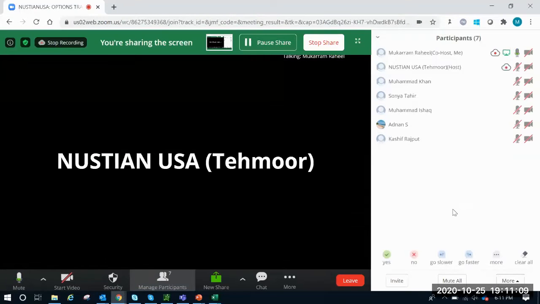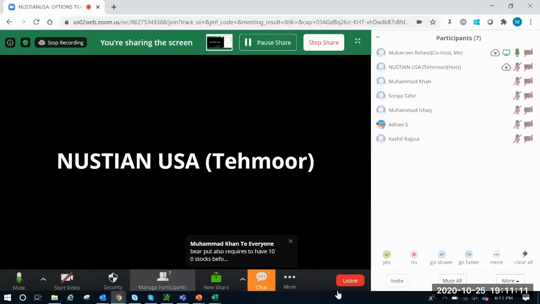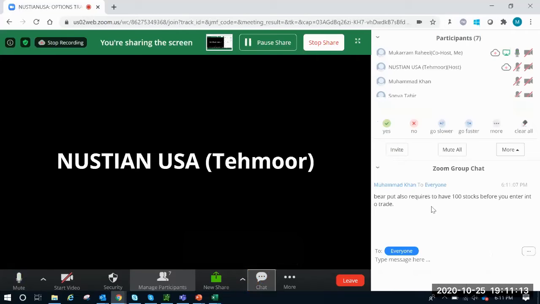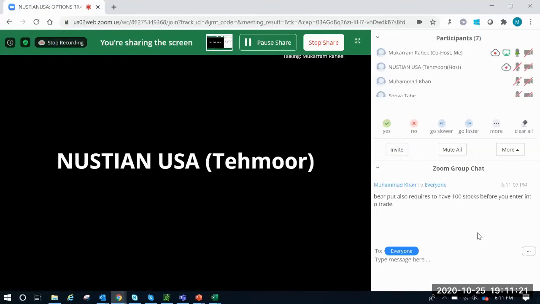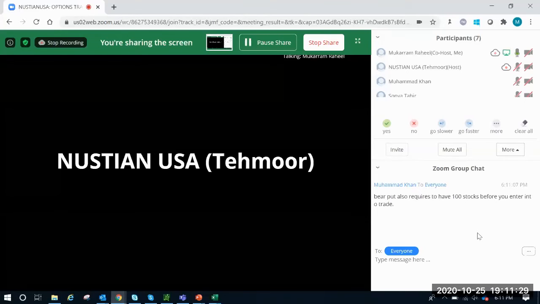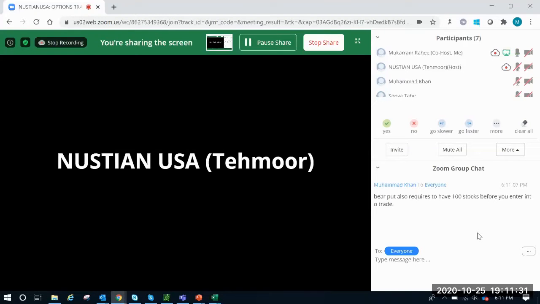I do not see anything on the chat window, but there's one. Bear put also requires to have 100 shares? Yes, any stock you trade on, basically because you buy one put option, that means 100 shares exposure you are taking. But it's not a covered call or a protective put, so you're not worried about having stocks in your portfolio.